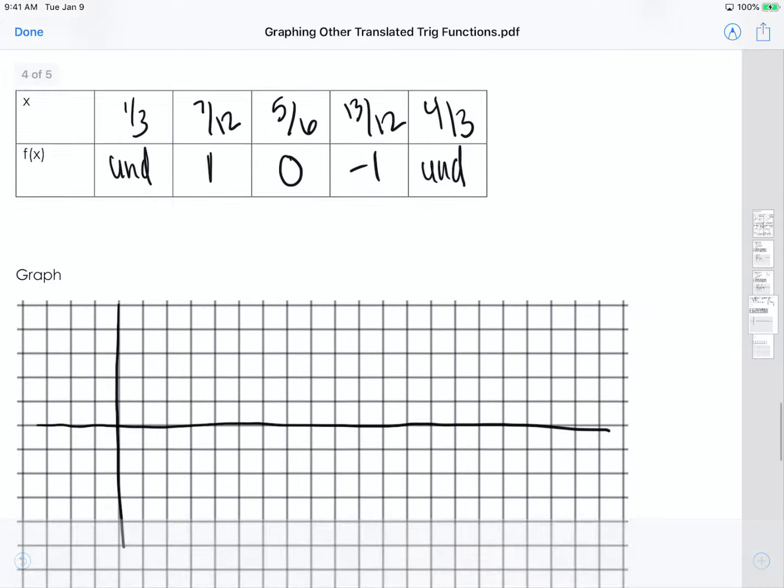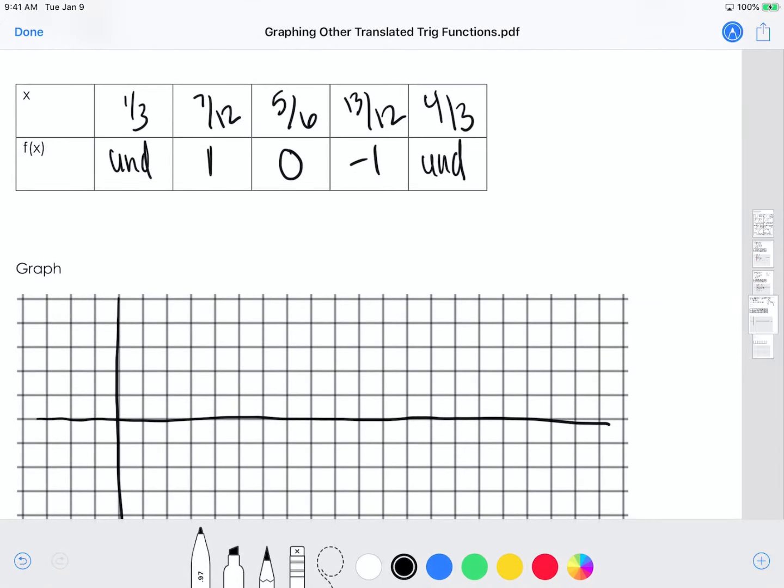Since we are doing this on a scale of 1/4, I'm going to make every 2 squares 1/4. Okay, 1/3 is going to be a little bit bigger than 1/4. So my asymptote is going to be about right here. And then I also have an asymptote at 4/3, which is a little bit bigger than 5/4, which looks like this.